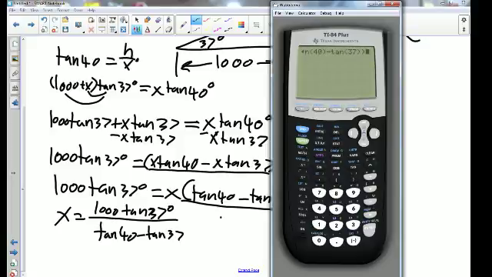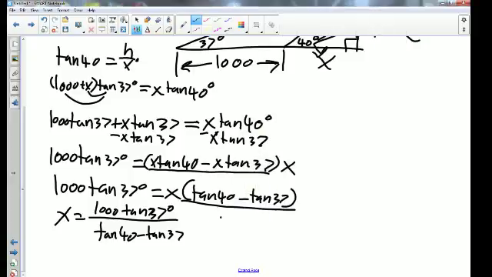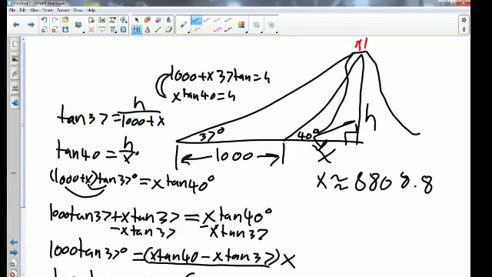That should give you about 8,808. So we come back here. Now we know that x is about equal to 8,808.8. What we wanted to do was solve for x, and now we want to solve for h.